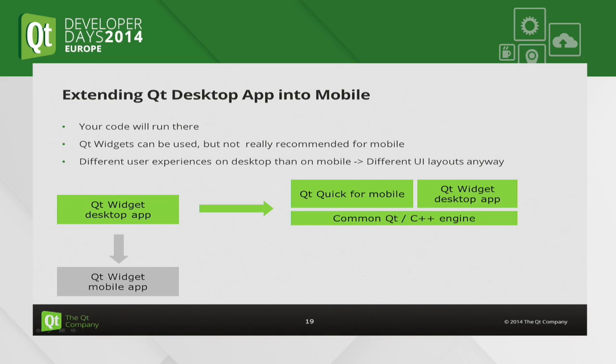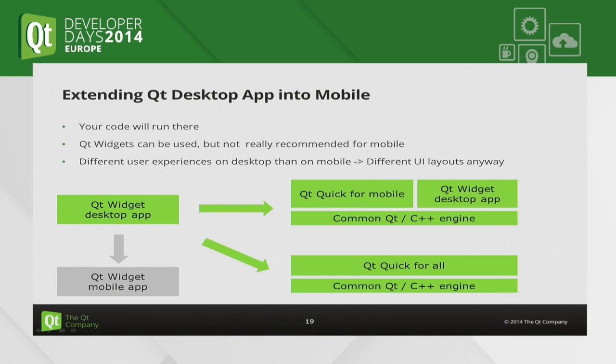Maybe you need to do a bit of refactoring to get into this situation, but that certainly is the case. Well, while you're at it, if your application is rather simple UI-wise, maybe you want to consider using Qt Quick for all the platforms.